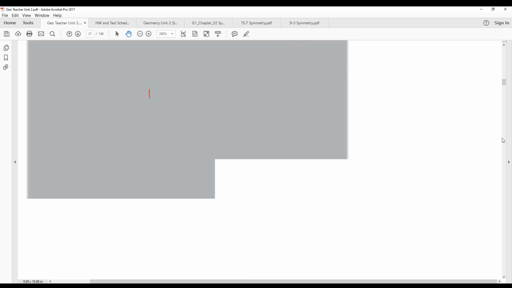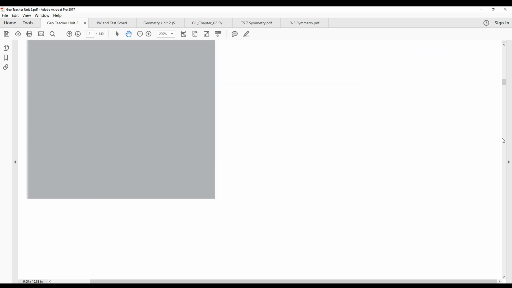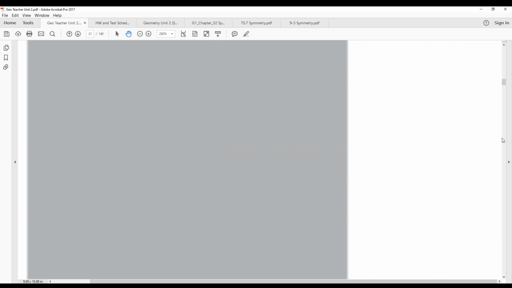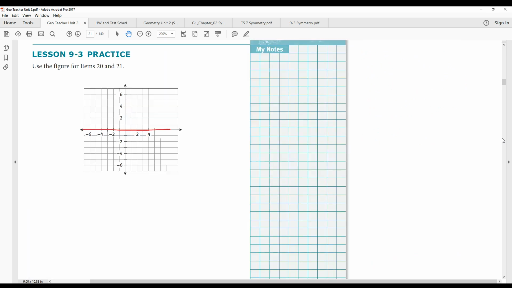Here's the x equals 4 line. And then the other one is the x equals -1. So there's the other line of reflection. That reflects these two. And then the other one is y equals 0, which is the x-axis.